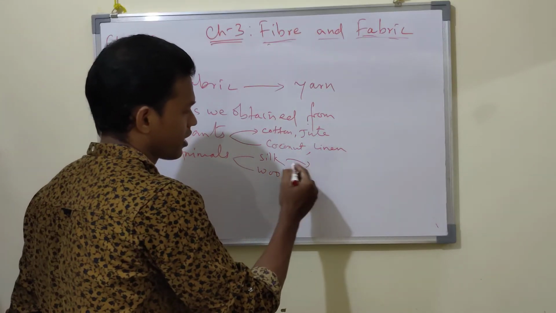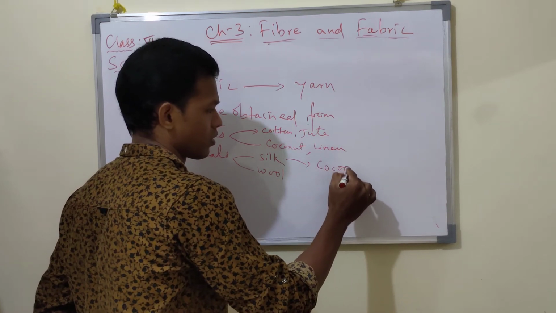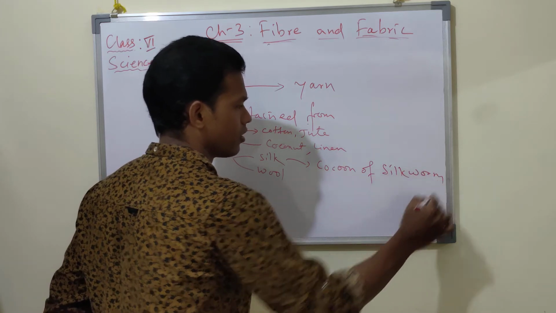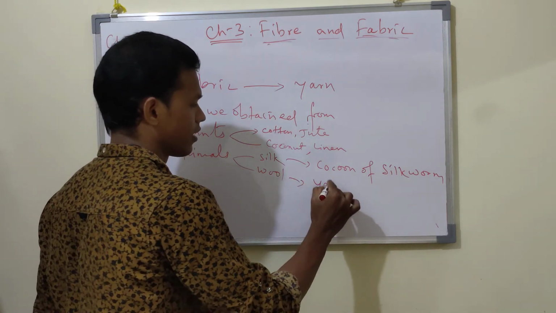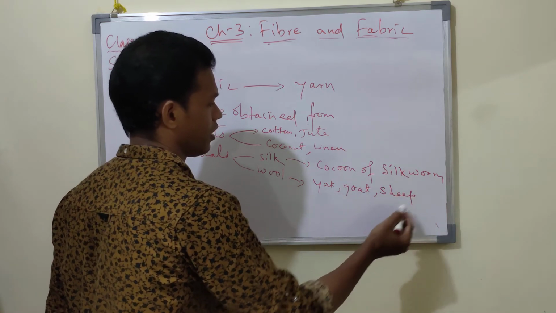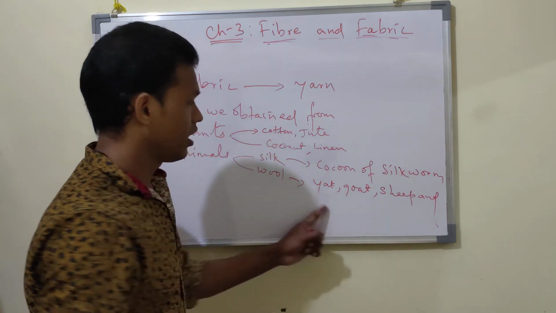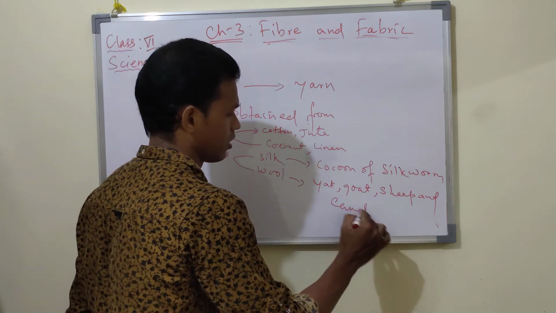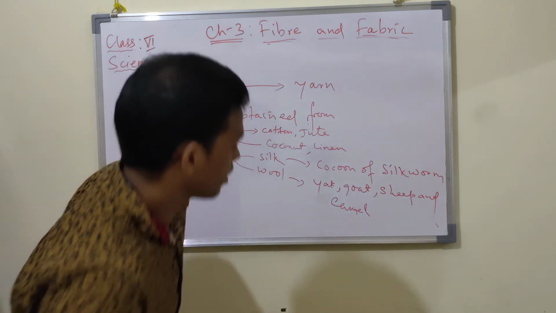Silk is often from the cocoon of the silkworm. Woolen we can get from yak, goat, sheep, and some camel also, or rabbit.